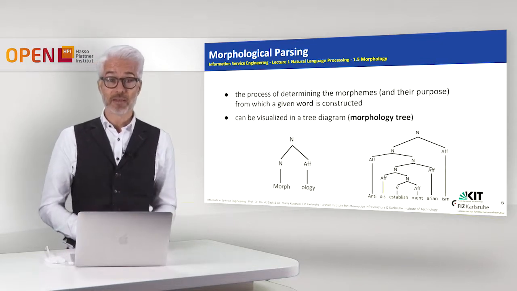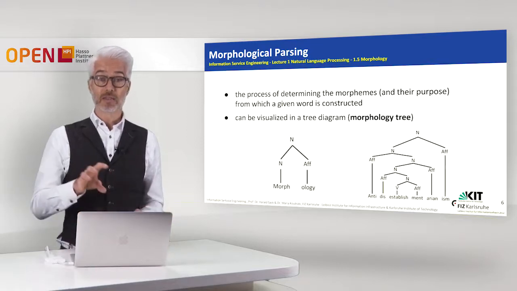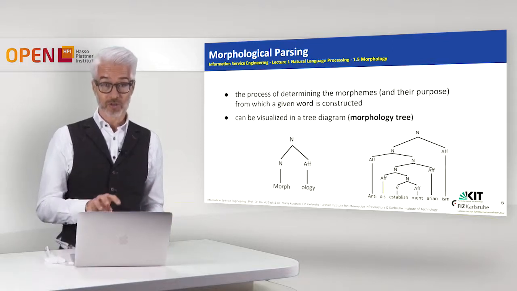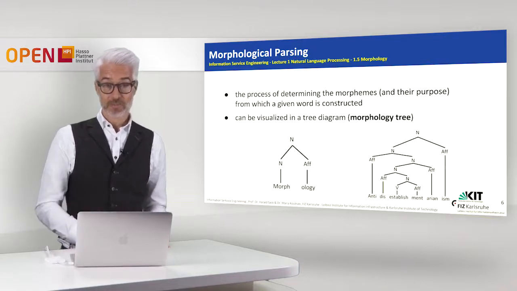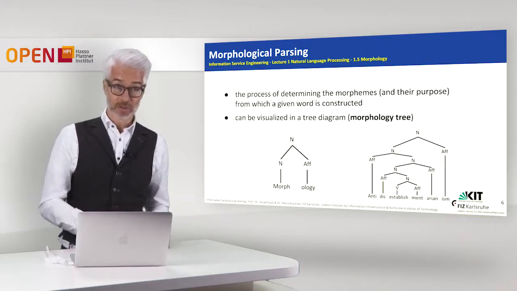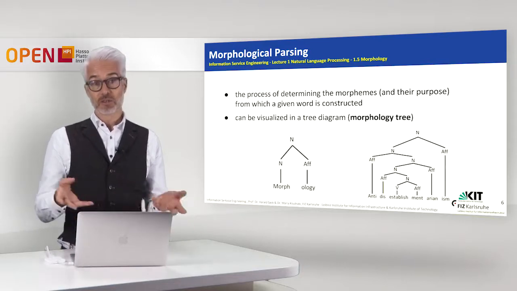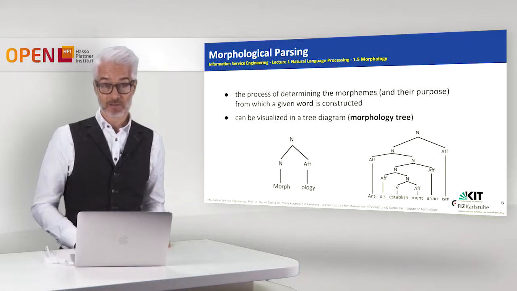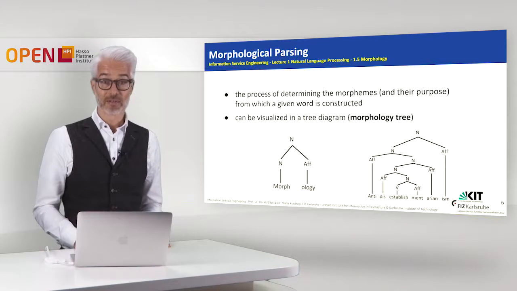And this can be visualized in a so-called morphological tree, which is a parse tree according to the morphology of a word. So here you see, for example, morphology. Morph can be a noun, could also be a verb. And then you put the affix ology on it, and then you form a new noun. So this then is the parse tree, or the morphology tree, of the word morphology itself.